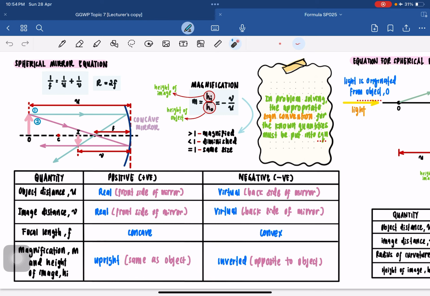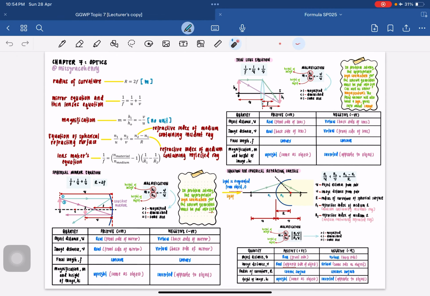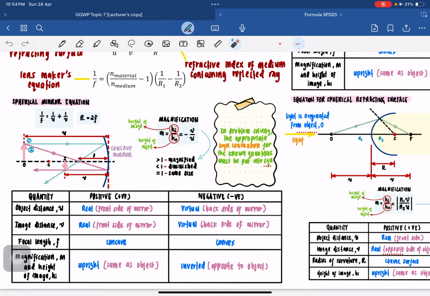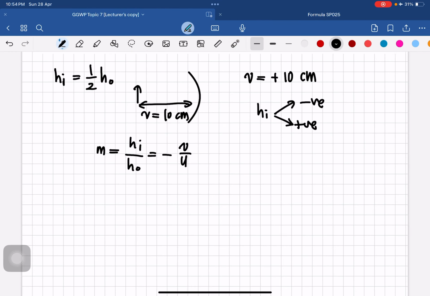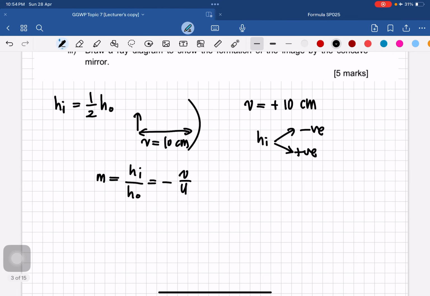Okay, so kiranya sekarang ni masalah sikit sebab kamu kena hafal characteristic of a concave mirror, image that is formed by a concave mirror. Okay, tapi yang itu masalah dia saya tidak letak dalam this formula sheet. But you have to know if we have a real image. Okay, so the characteristics is a real image. Okay, so it is a real image.